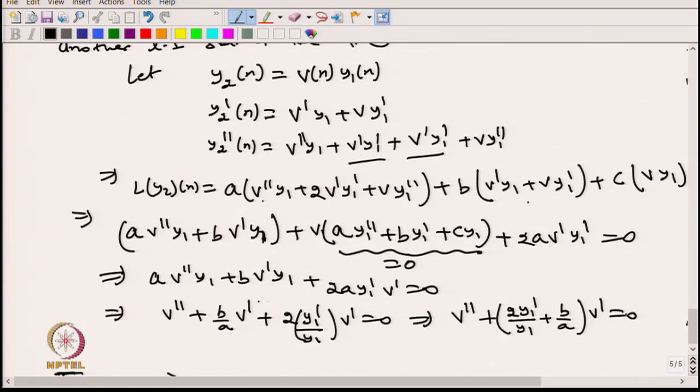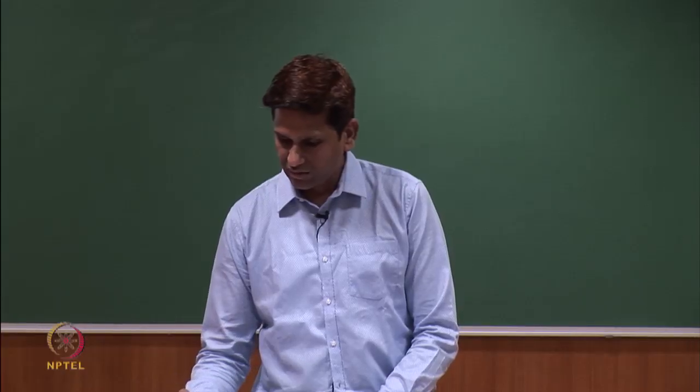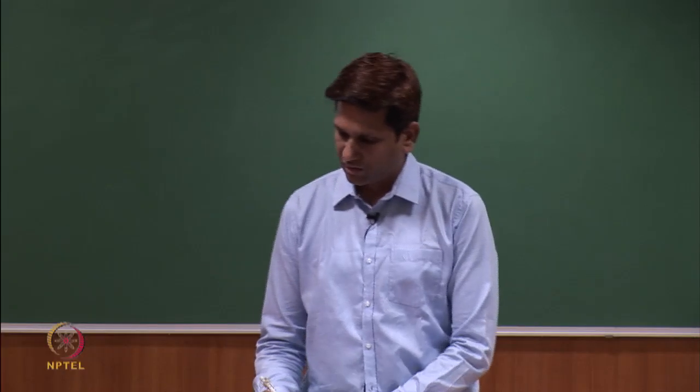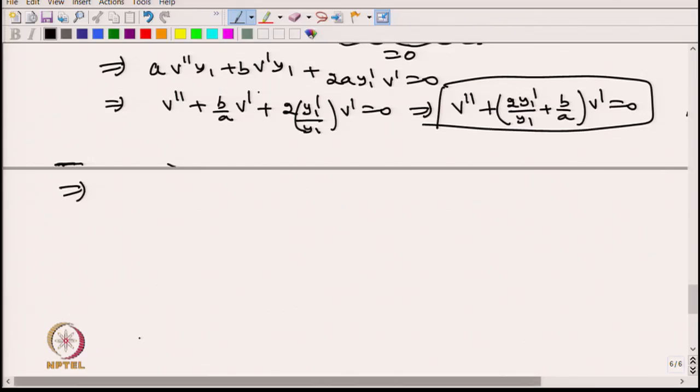If you see, this equation is a first order equation in v dash, and this first order equation I can solve, because we already know how to solve a first order equation.